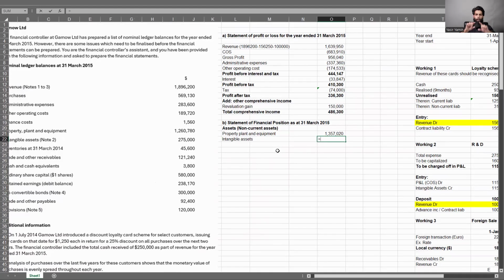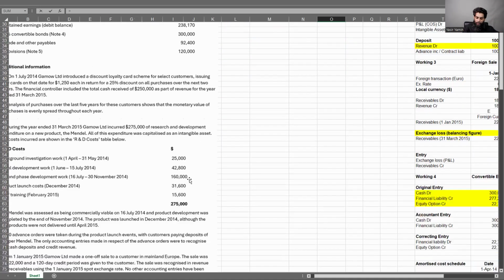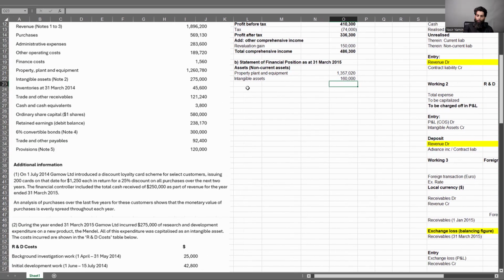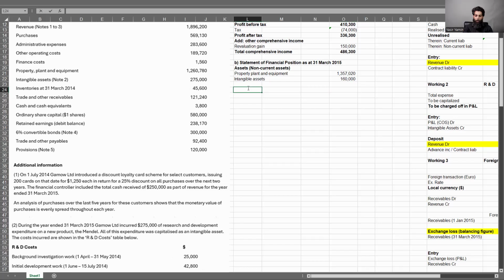Intangible assets. Remember, only some part of the development cost could have been capitalized. Do you guys remember? Only $160,000 was to be capitalized. Rest did not meet the criterion. So 160,000 here. You have total non-current assets, and then you can call about current assets. Current assets will have inventory, receivables, and any cash and cash equivalents maybe.